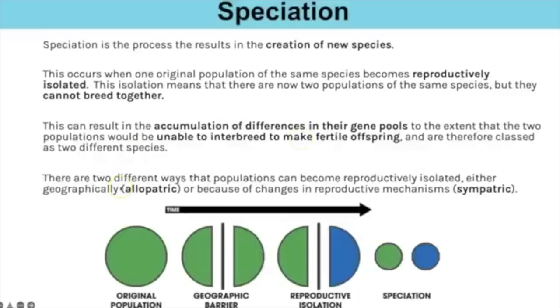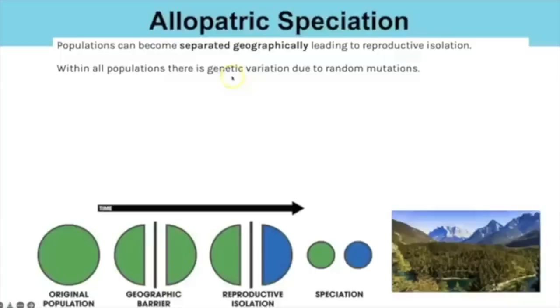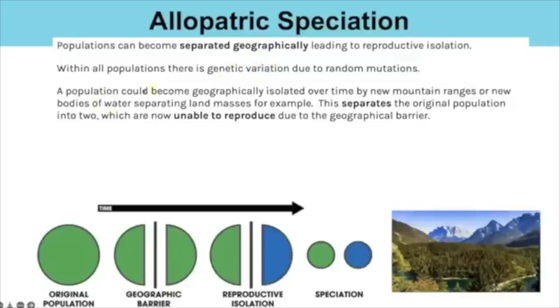Now, that could be allopatric speciation or sympatric. So allopatric is when there is a geographical barrier, so that could be a new mountain range, for example, whereas sympatric is when there are reproductive mechanisms preventing it. So in allopatric speciation, a population can become geographically isolated over time.